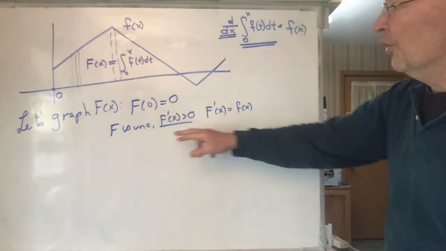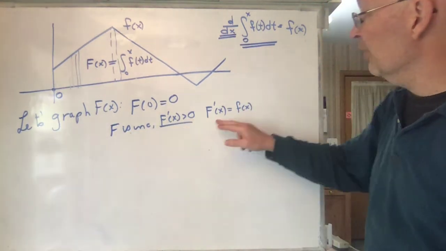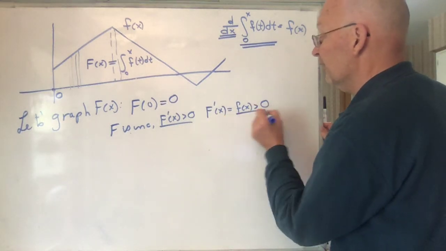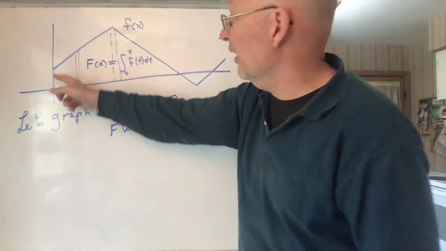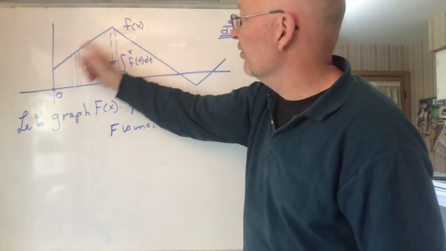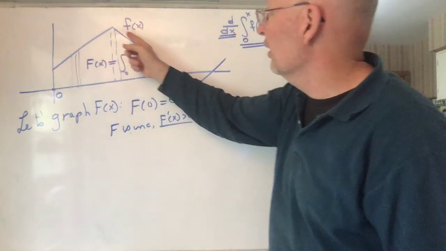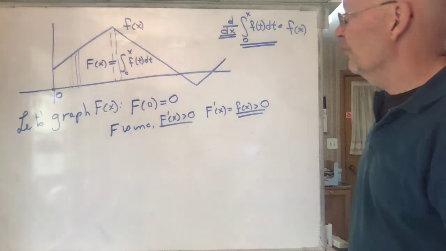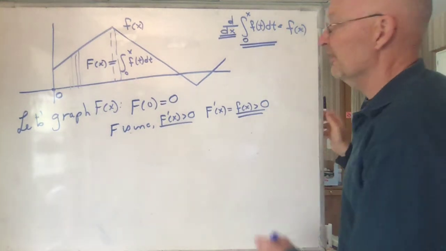Agreed? So capital F is increasing wherever small f of x is greater than 0. Well, that jives with what we just said, right? As you're walking down this road, all the land that you pass, as long as small f is positive here, you're gaining land all the way. Agreed? So it's going to be wherever small f is greater than 0.